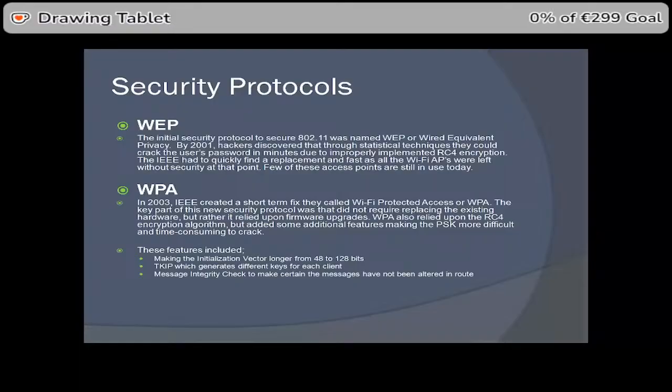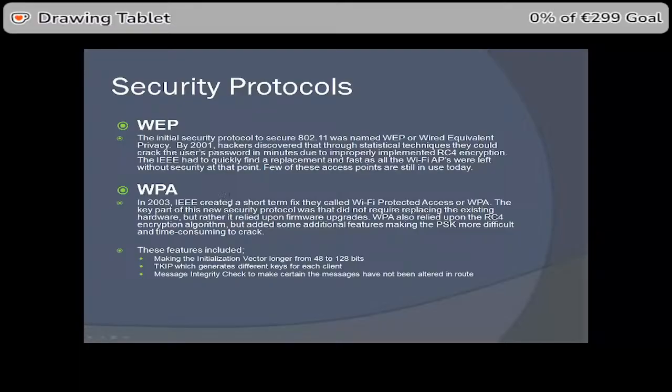So they tried to come up with a solution that made these systems more secure without changing the hardware. They came up with basically a firmware update. It also relied upon RC4, so it didn't change the encryption, but added some additional features, making the pre-shared key more difficult and time-consuming to crack.